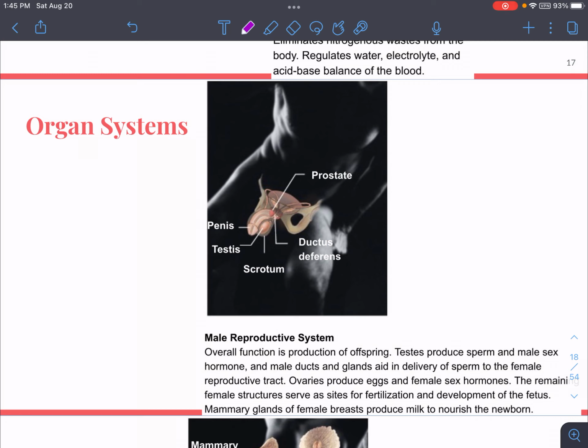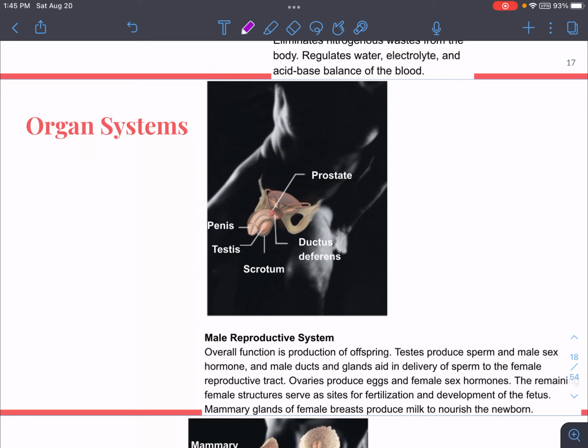They also produce the female hormone estrogen. We'll even learn step by step as we cover the different organ systems. We'll learn how those organ systems develop. We'll learn how they age over time as well.